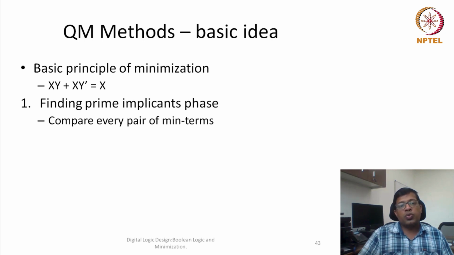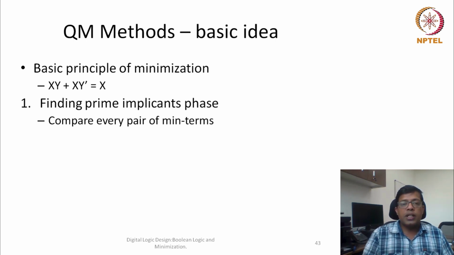To find what all prime implicants there are, as a systematic approach, we compare each min term with the other min terms. Let's say there are n min terms present, so there would be n into n minus 1 comparisons. We compare each min term with the other min term and see whether this minimization is possible or not.